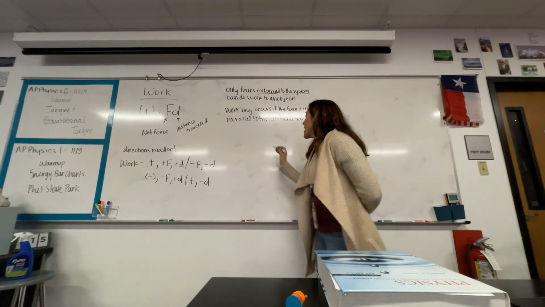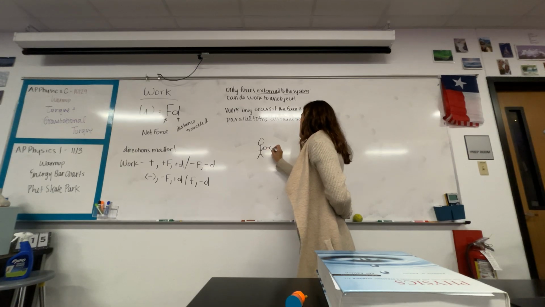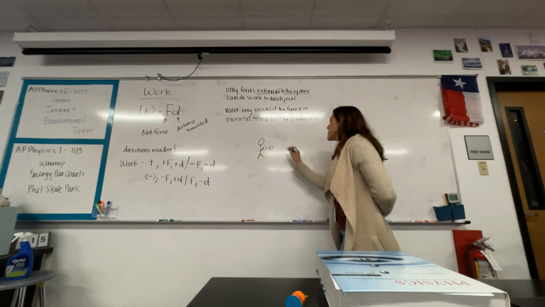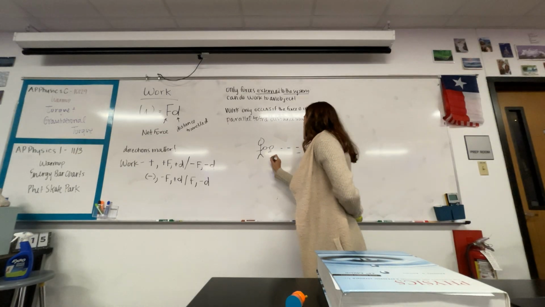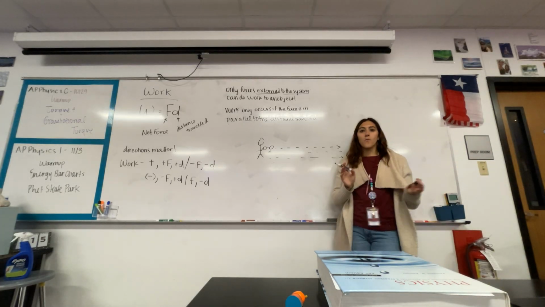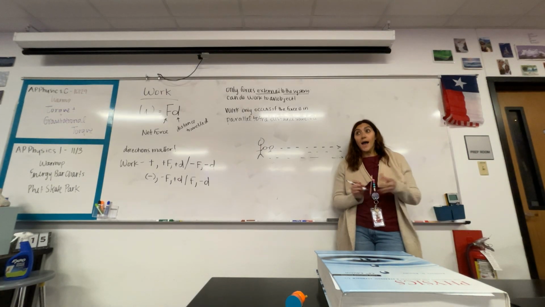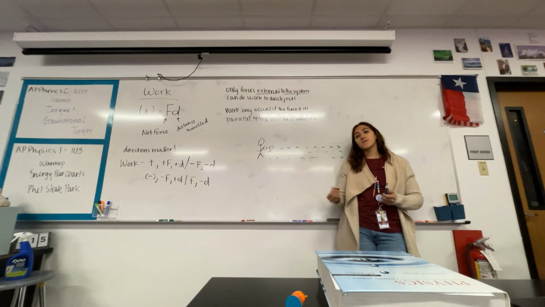So, if you carry a heavy weight around, this is a heavy dumbbell, you carry it around, you take it over here, you take it back over here, you take it over there again, all the ways. You have done no work to this barbell at all because you did not apply a force parallel to the direction traveled.